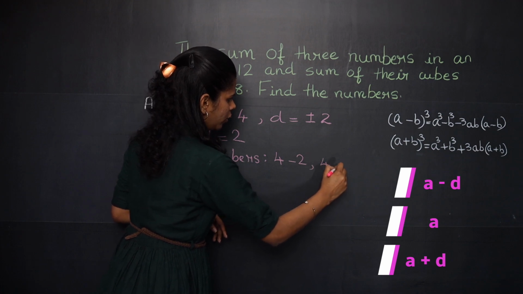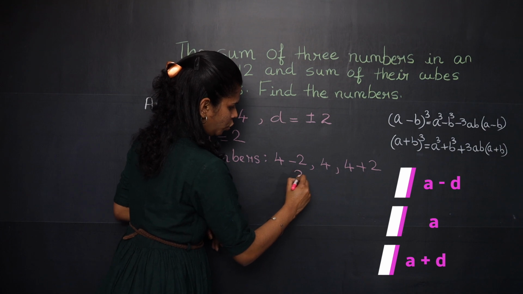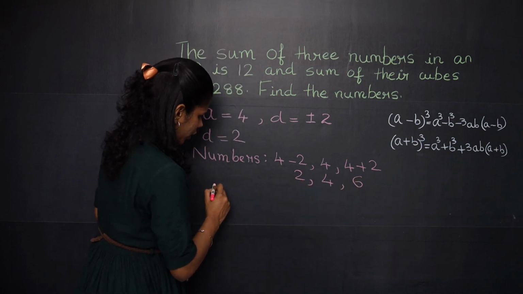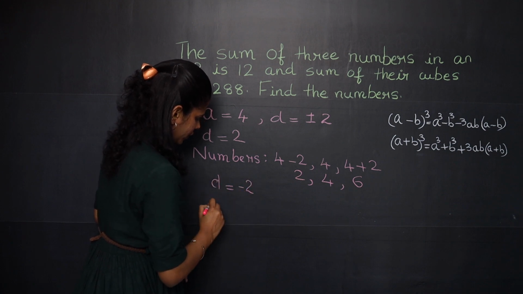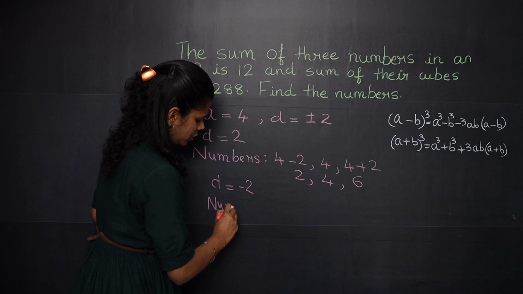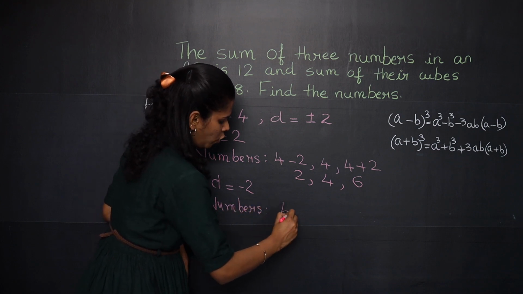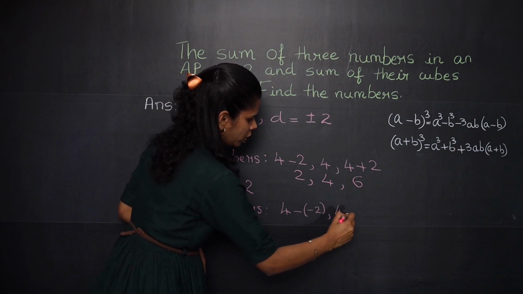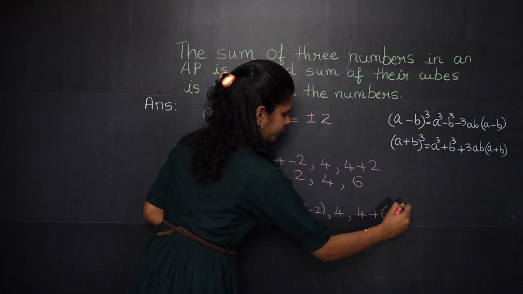4, plus 2. That is 2, 4, 6. Now if d is equal to negative 2, the numbers are, you will write it as 4 minus negative 2, 4, plus negative 2.